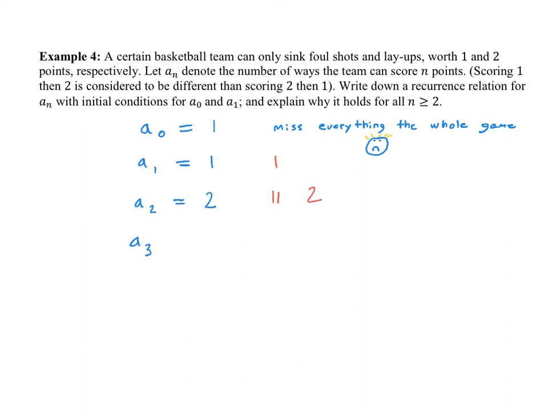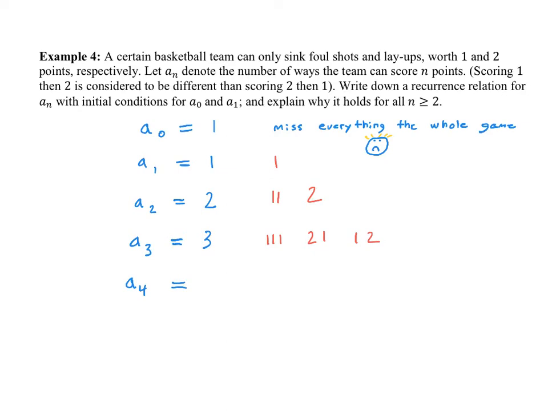Now a sub 3, if we think about all the different ways here, we could get all 1s again. We could get a layup and then a foul shot, or do it in the opposite order. So there would be 3 different ways. Let's keep going. A sub 4, let's try to count.